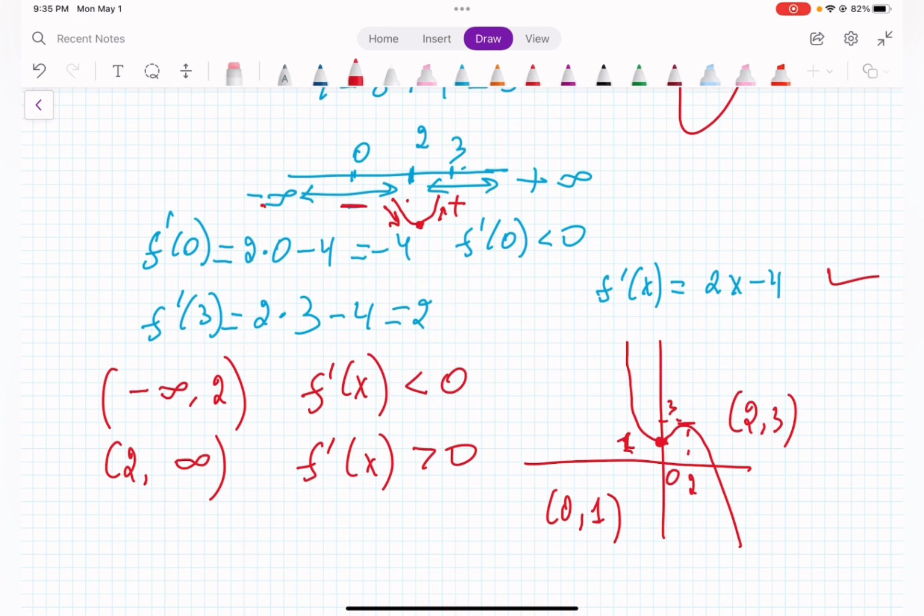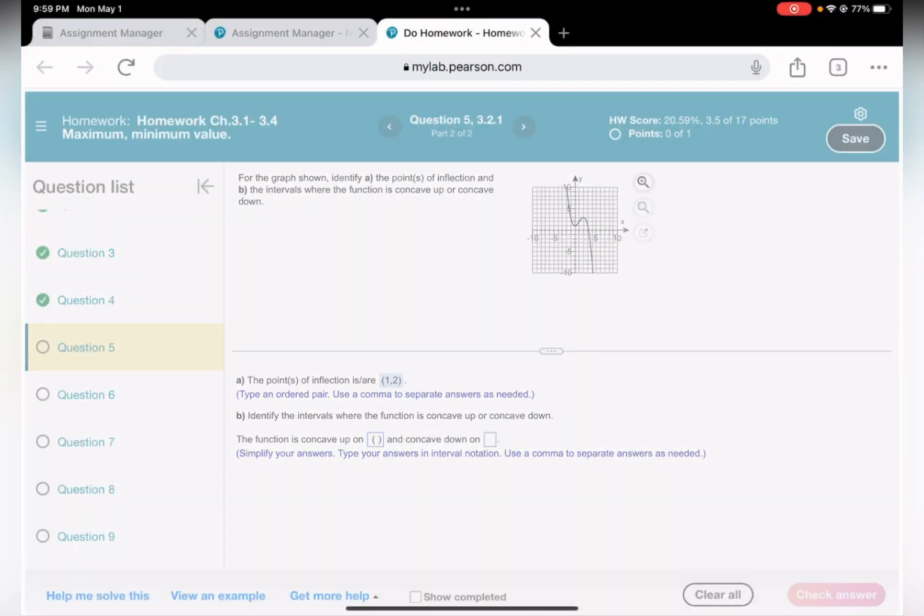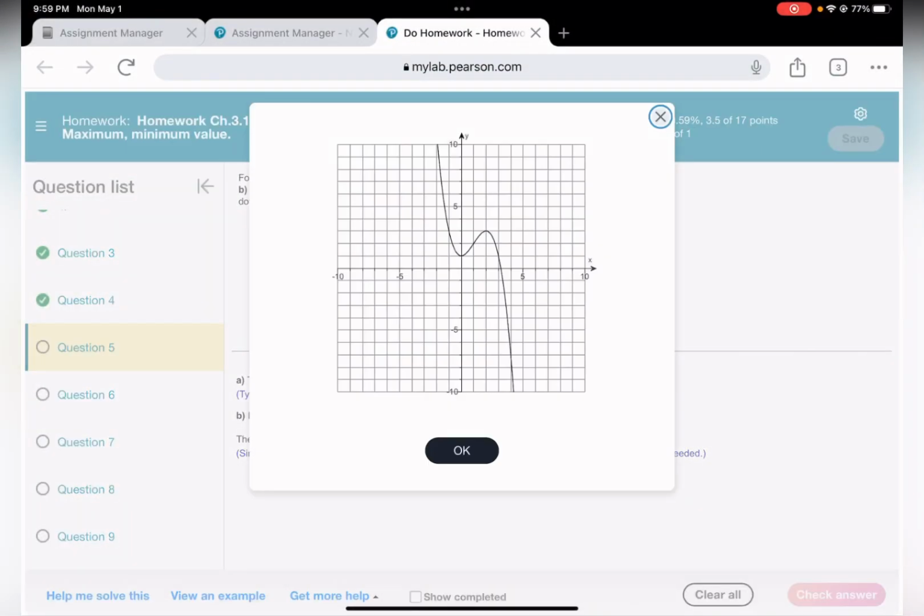Therefore, this function is concave up on some interval. So what do we have? We have that our inflection point is here between 0 and 2.